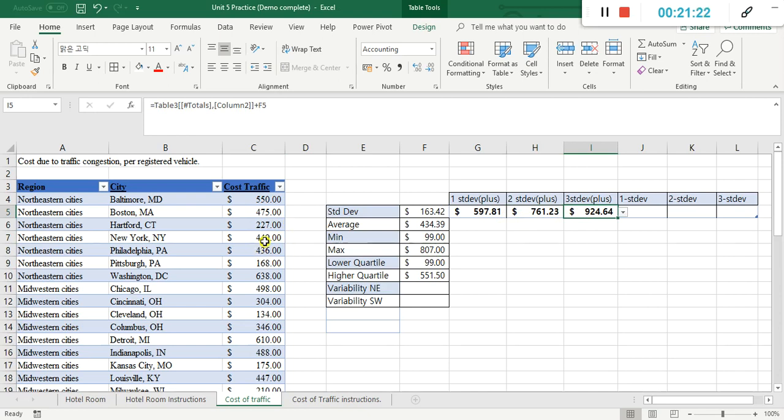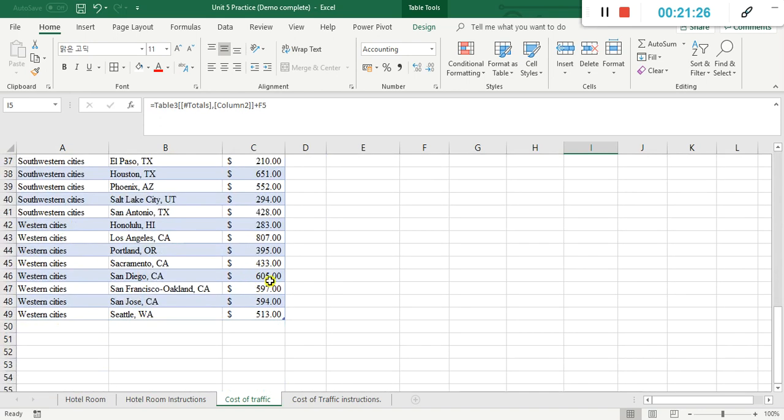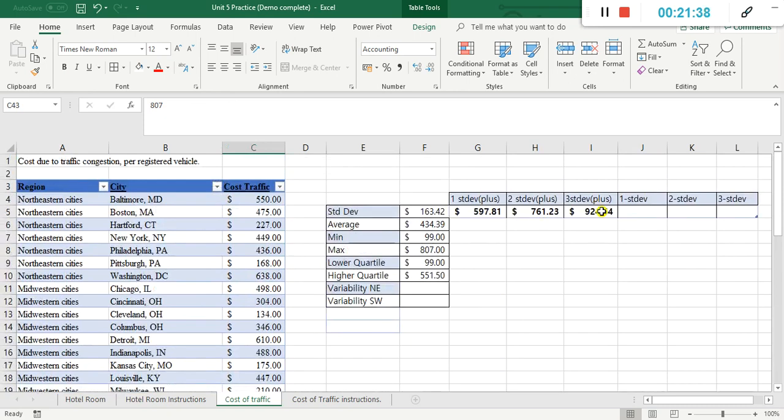So which one is it? Because there's this number 807. That's already very, very far. No, so that's within three standard deviations, but it's only one. It's the only number that actually is exceeding those three standard deviations on the positive side of the curve. Okay, so that means only this number is doing that.